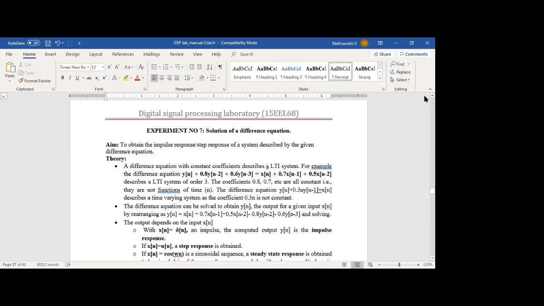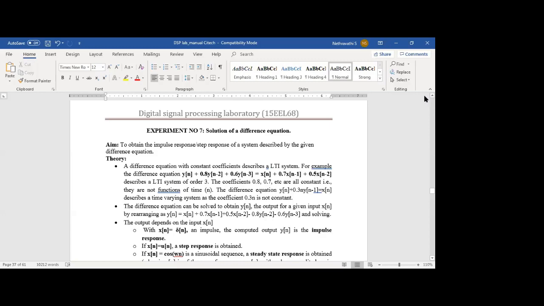I will consider one more example here. The difference equation can be solved, or simplified, to obtain the impulse response of the given system by rearranging it. How do we rearrange? We want the output itself, which is y of n.